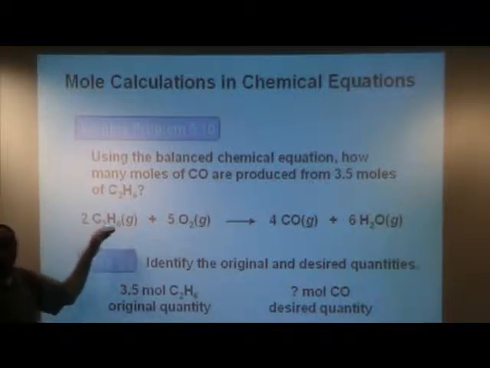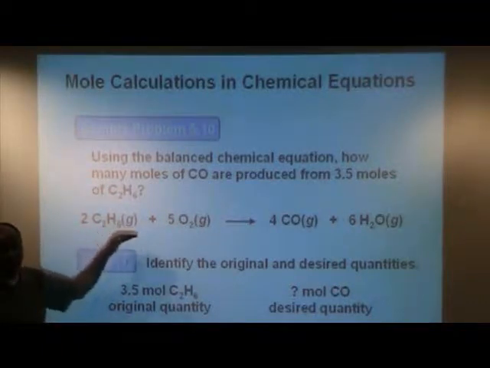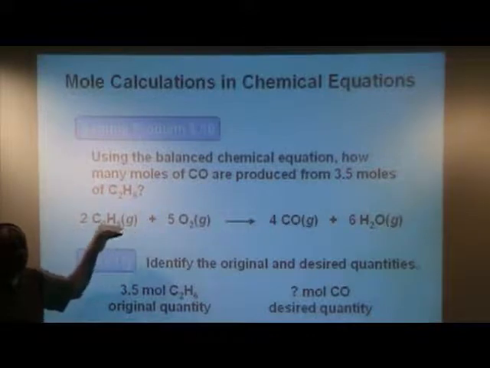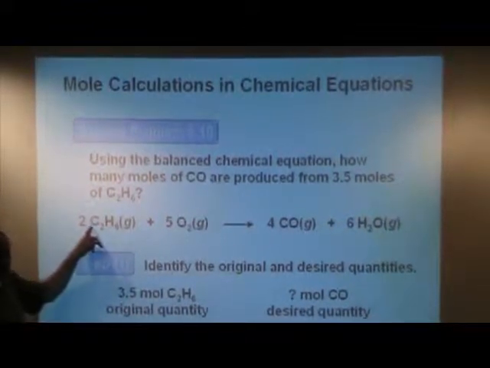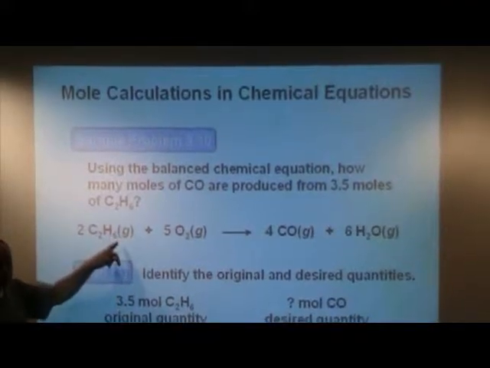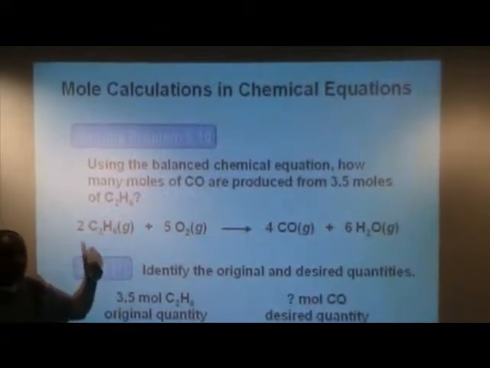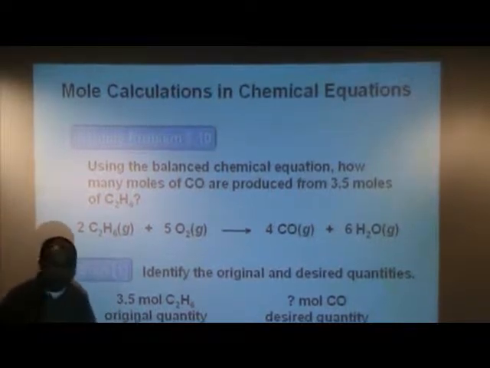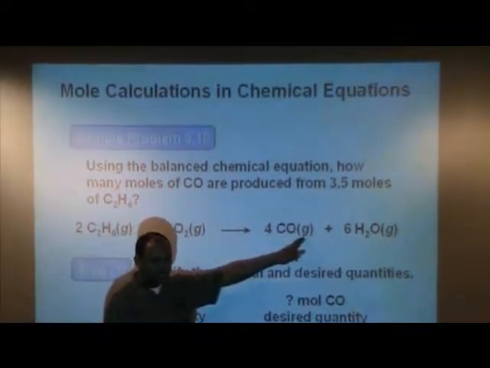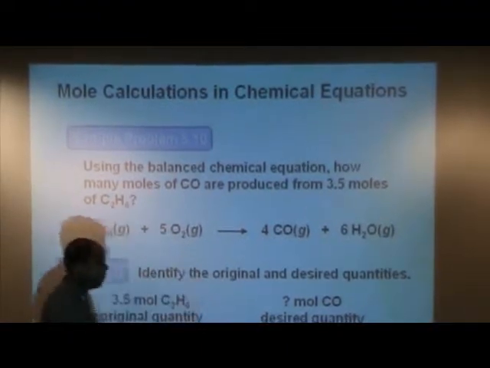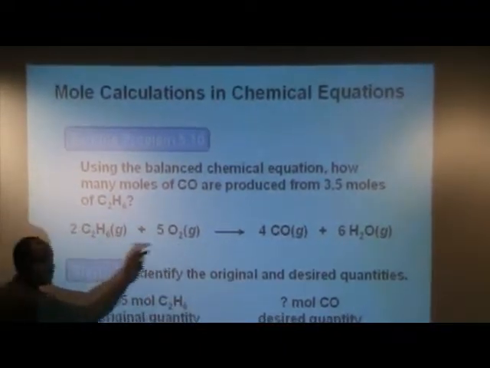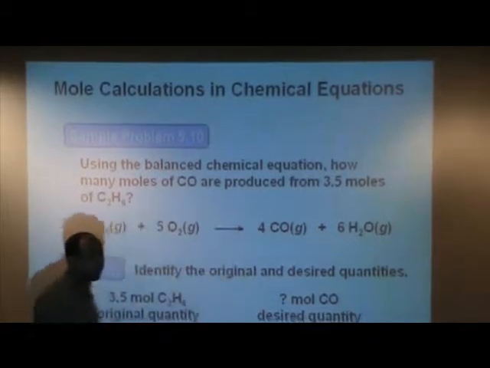Let me interpret what this means in terms of chemistry. Every 2 moles of C2H6 can produce 4 moles of carbon monoxide. It's proportional. If I have 2 moles of this, I guarantee you I get 4 moles of carbon monoxide.